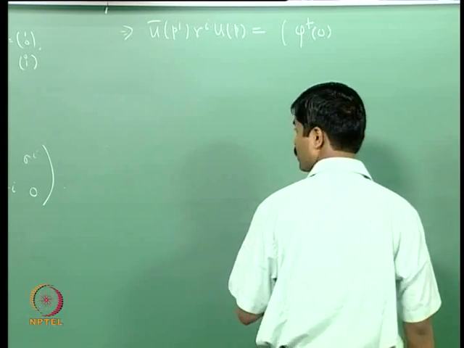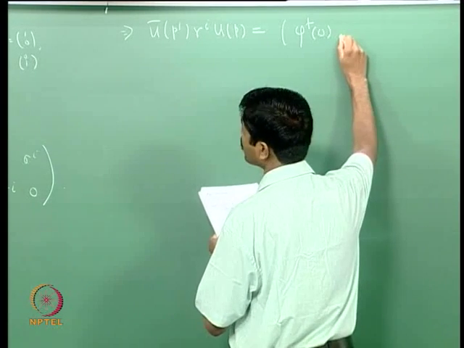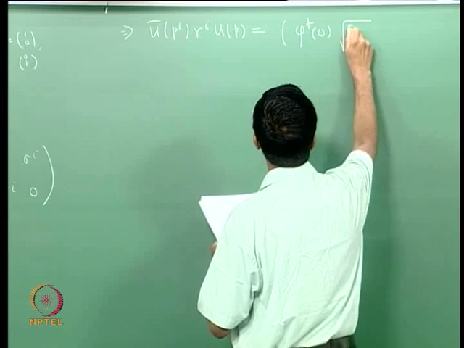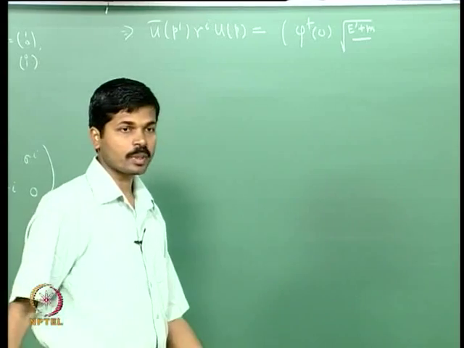times √((E′ + m)/2m). I will denote E′ to be E(p′).